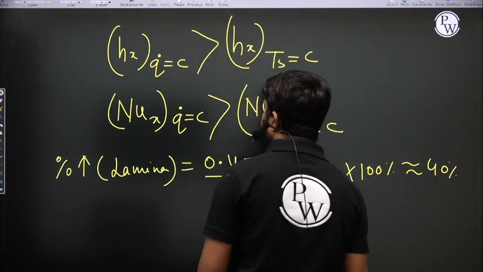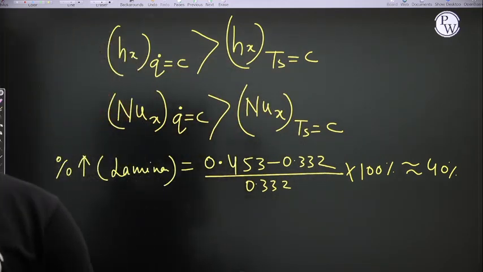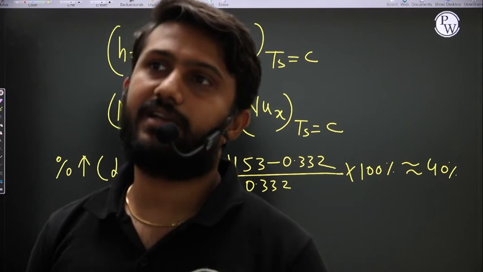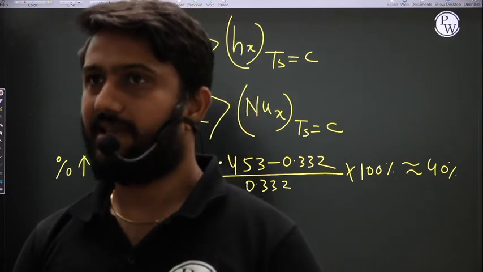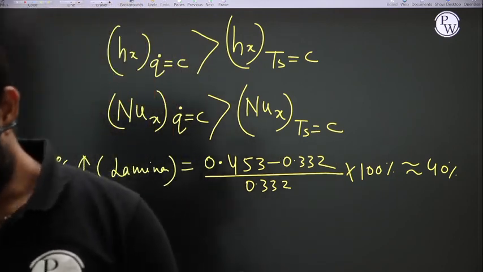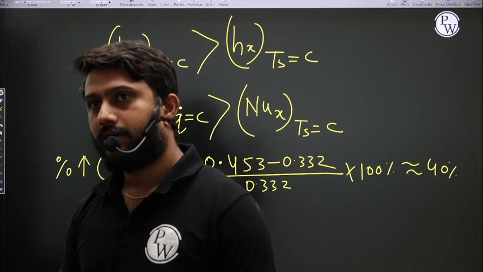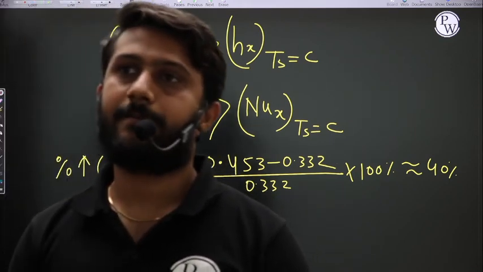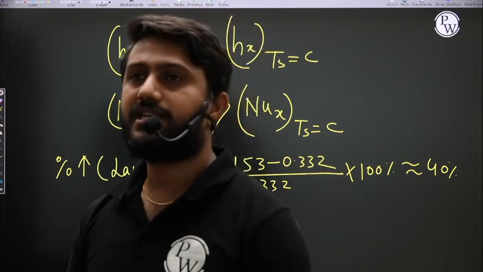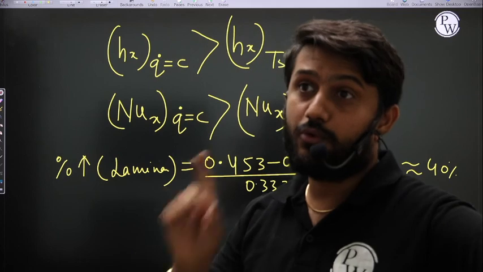So if you are calculating the convective heat transfer coefficient in the constant heat flux case, under laminar condition, and also in the constant wall temperature case, the convective heat transfer coefficient in the constant heat flux case is approximately 40% more.